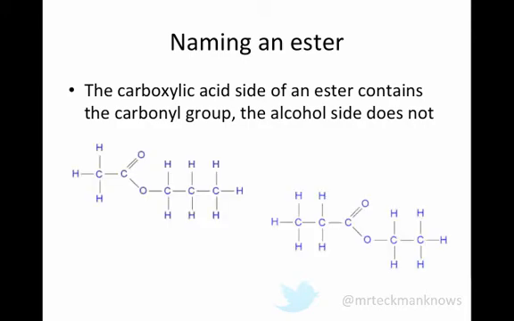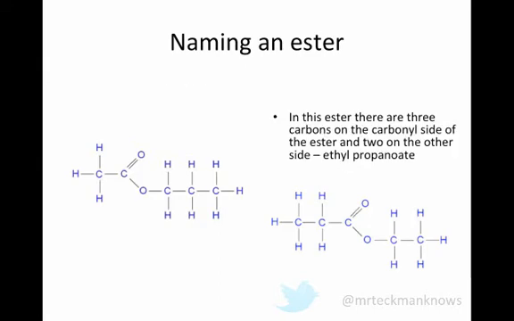So let's look at these two very confusing esters. They're isomers of each other, and you can see that they've both got a propyl bit and an ethyl bit, but which is which? In this ester, there are 3 carbons on the carbonyl side of the ester and 2 on the other side. So it's ethyl propanoate: ethyl group here, the propanoate group here.